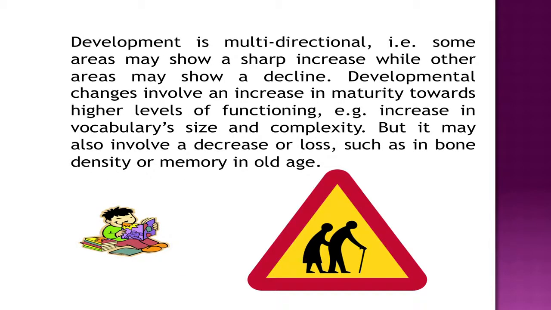Third, development is multidirectional, that is, some areas may show a sharp increase while others may show a decline. Developmental changes usually involve an increase in maturity towards higher levels of functioning, for example, increase in vocabulary size and complexity, but it may also involve a decrease or loss such as in bone density or memory in old age.